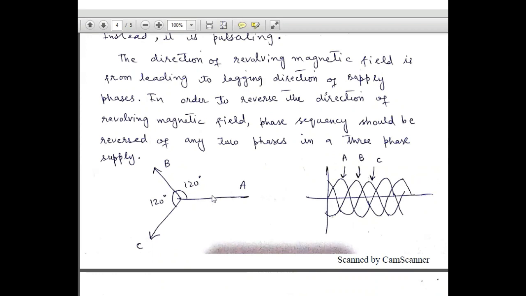So earlier, the direction of revolving magnetic field was anti-clockwise from A to B to C. Now the direction of revolving magnetic field will be from A to C to B, so it will become clockwise.